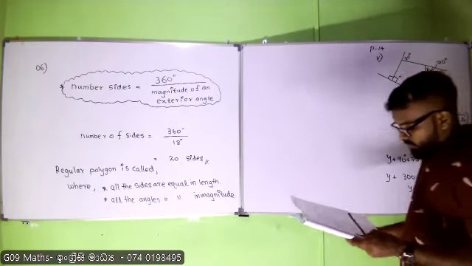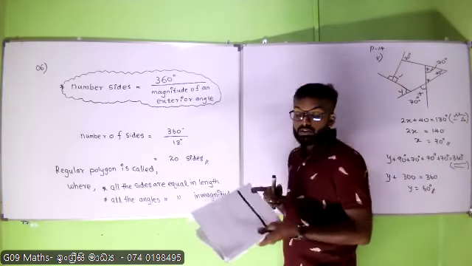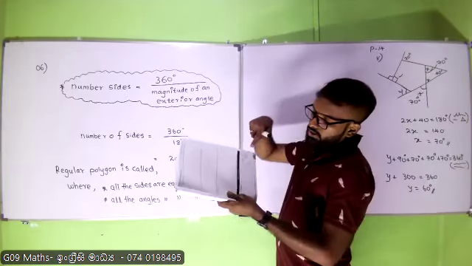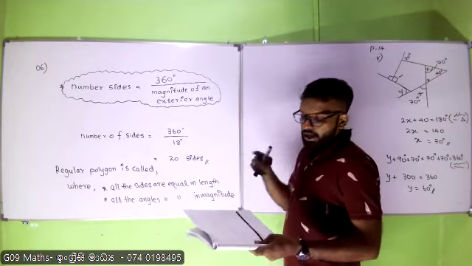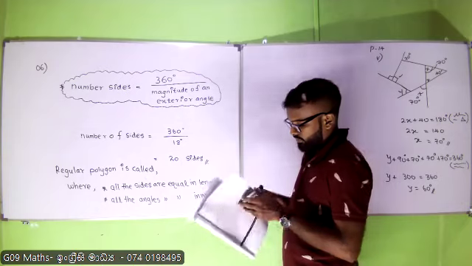So as given by using this picture, in the pentagon all the angles are equal and all sides are equal.